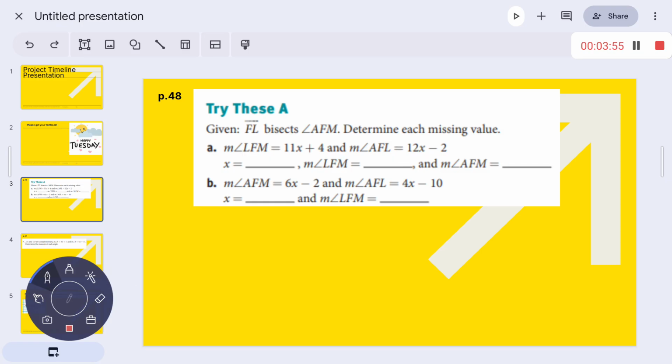So I'm going to go back to my original drawing. And again, this is a new problem, but I'm still going to just kind of sketch it the same. I have AFM. I'm going to bisect it with FL, splitting it in half.